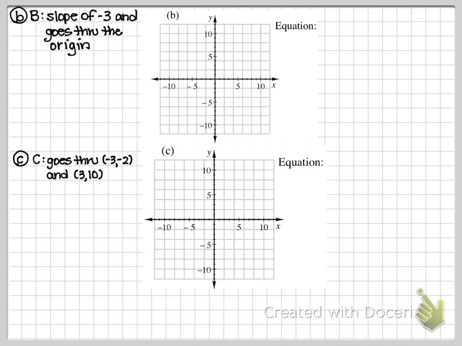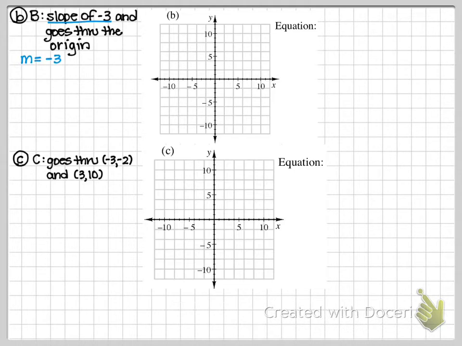All right, so we have some more. I did give you 2 more images on this sheet for these graphs. We now have different pieces of information, so let's see if this works. So I have a slope of -3. Okay, that's good. So remember, slope is m, and I've got -3.